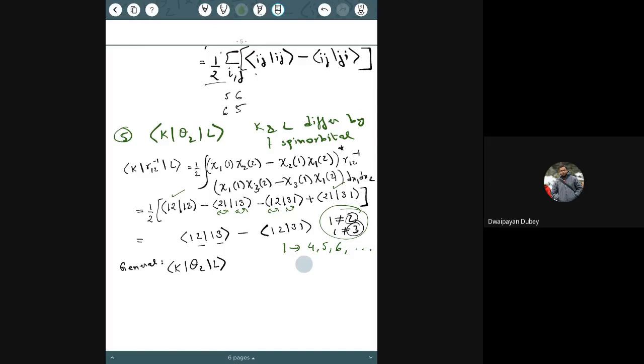So then when I generalize, let's see what happens. When I generalize, I will only have a sum over this one part.